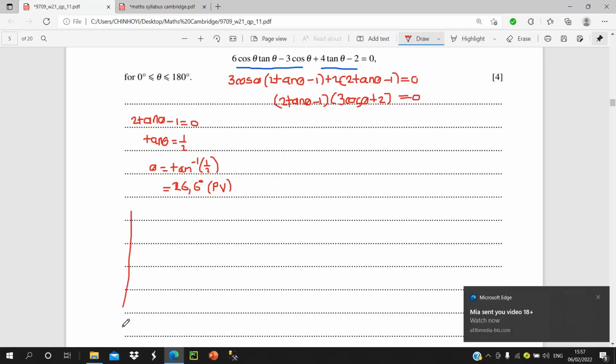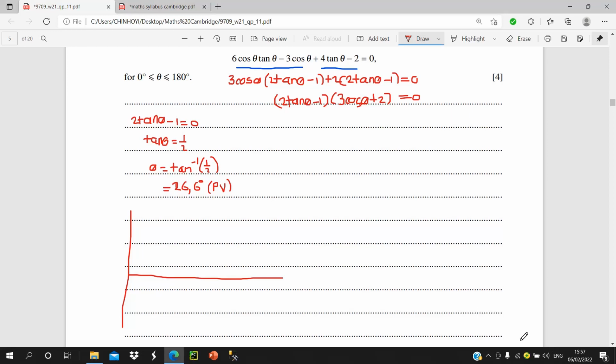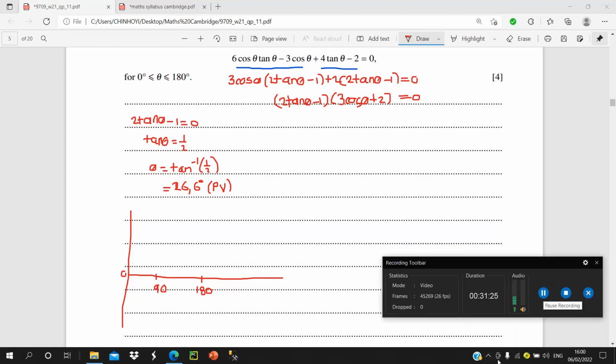If you sketch the graph of tan from 0 to 180, here you have 0, here you have 90, here you have 180. That's the range for the graph of tan.